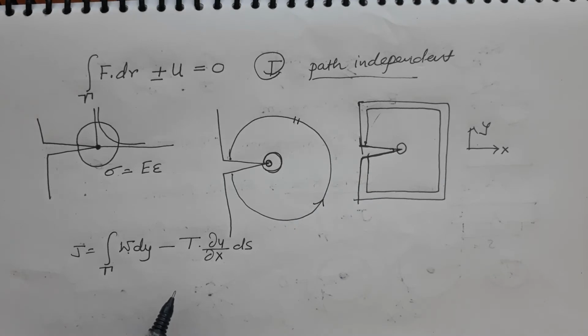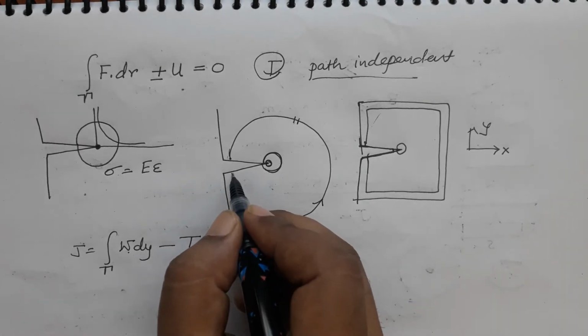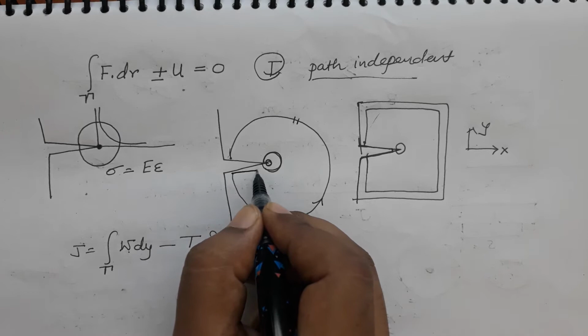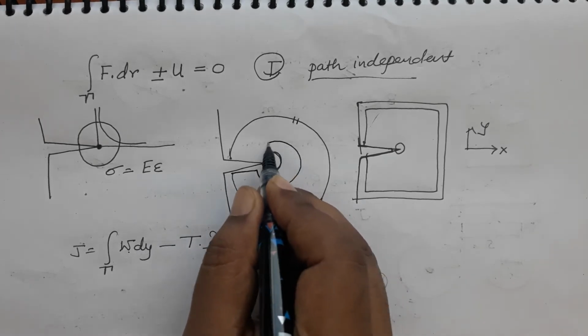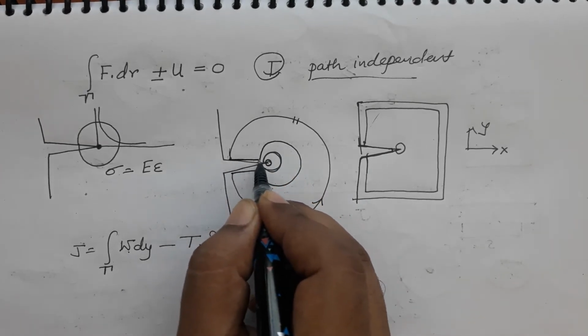Okay. So, what you can do is you can try calculating this for a very simple path. So, you take a path which goes like this. Okay.